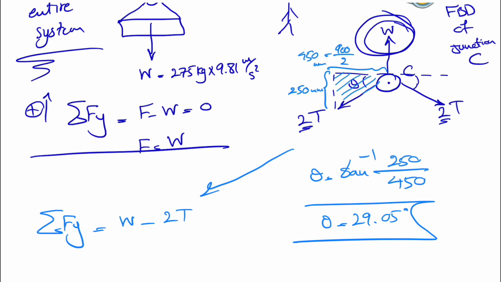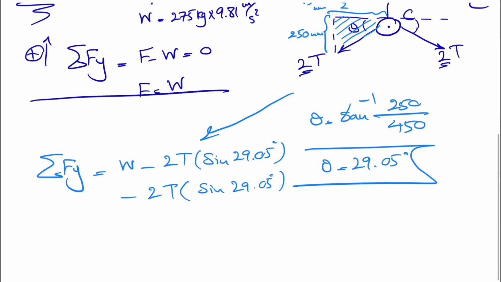And now easy enough to do our sum of all forces in y direction, which will be W minus 2T. We can see that the y component will be sine of theta, or sine of 29.05 degrees, and we have the same thing on the other side, sine of 29.05, or we could have written minus 4T times sine of 29.05.